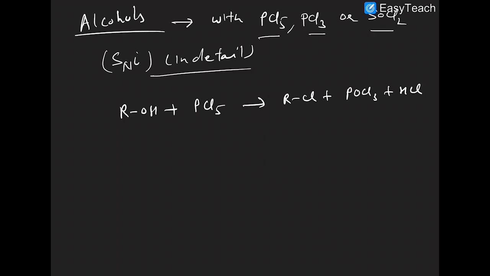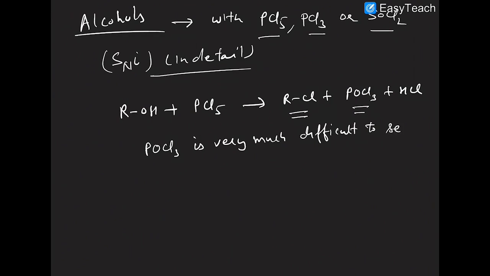Now what is happening in this case? This alkyl halide obtained and this POCl3 formed are very difficult to separate. POCl3 is very much difficult to separate.